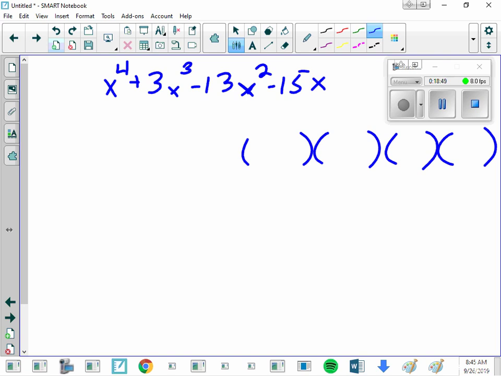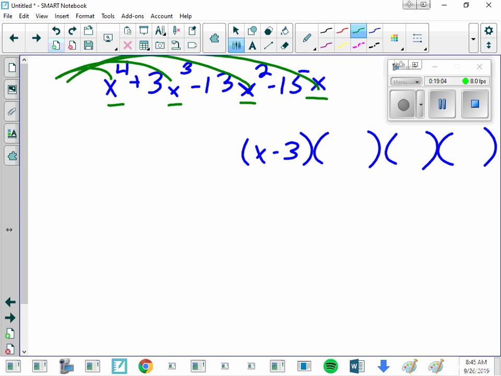One of them is x minus 3. But if you notice in the problem, every single term has an x. I'm going to pull that x out of every term, and I will get x times x to the 3rd plus 3x squared minus 13x minus 15.